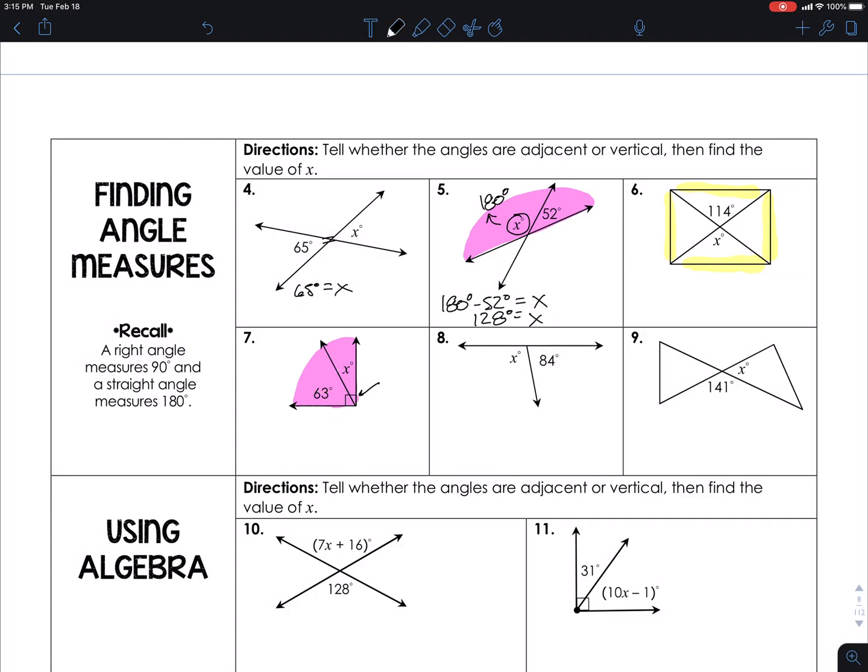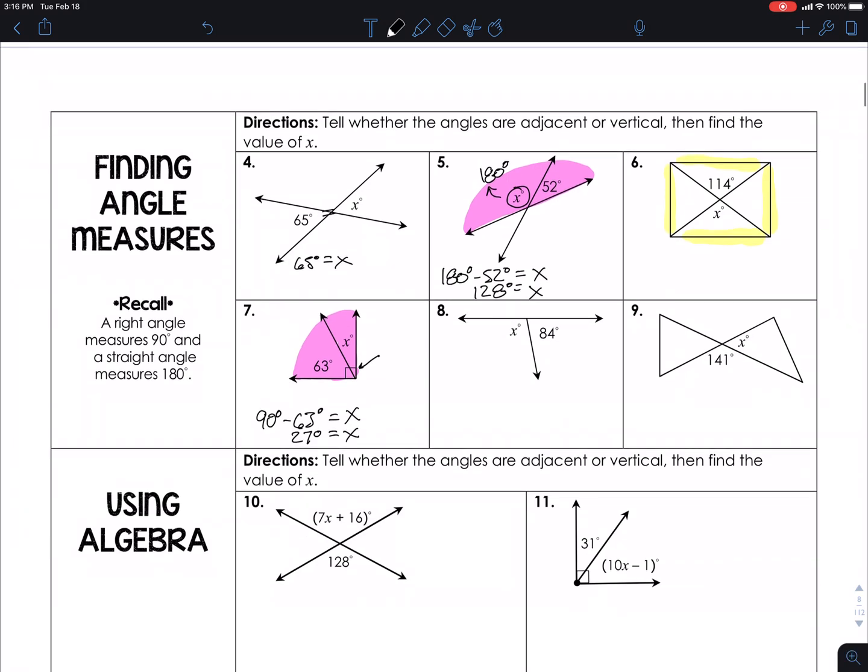If I take the whole of 90 degrees, subtract 63 degrees, I should get x. 90 minus 63 is 27 degrees, so x is 27 degrees. You need to do the other 3 on your own, okay? And matter of fact, right over here is a really good reminder. Recall, a right angle measures 90, a straight angle is 180, okay?